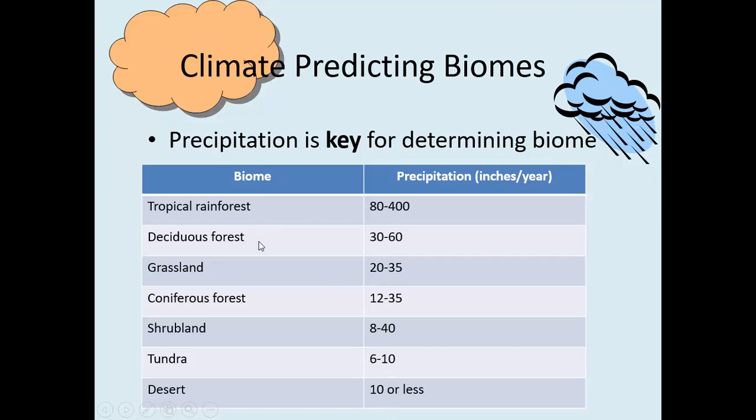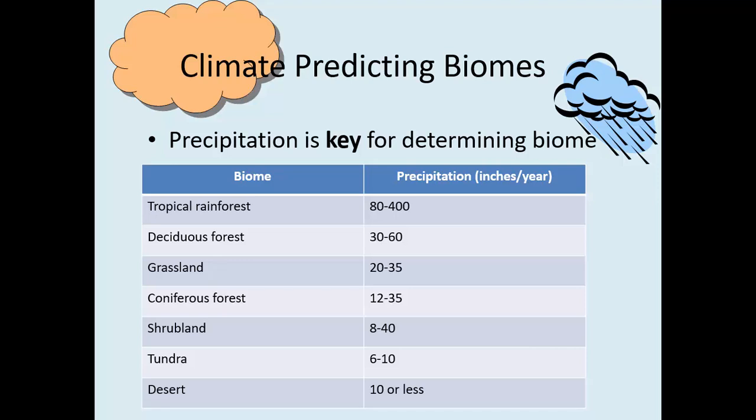So tropical and deciduous forests receive high levels. Grassland, coniferous forest, and shrublands receive moderate levels, and tundra and desert receive low levels of rainfall. So what makes something a tundra versus a desert, or what makes something grassland versus coniferous forest, if they receive the same amount of precipitation?